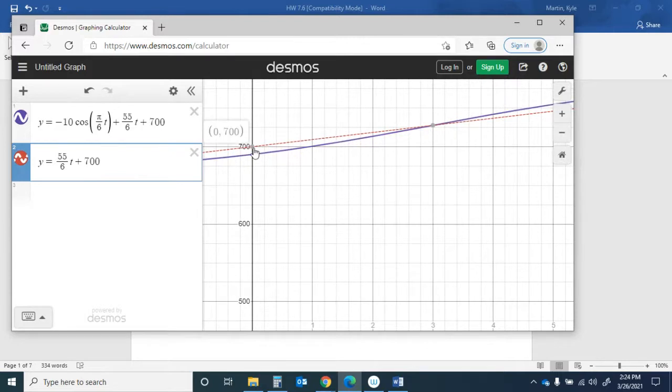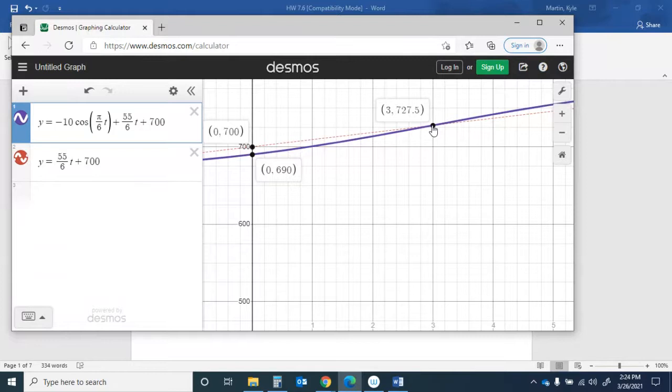So, all right, so the average rabbit population at the beginning of January was 700. But it said in the instructions that you hit your lowest value in January and that it oscillates 10 above and 10 below the midline. So this guy right here should be 690, and it is.